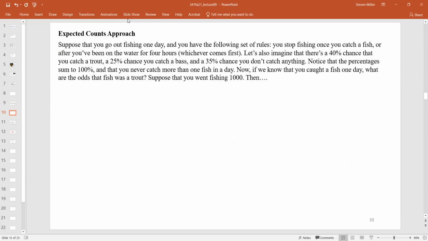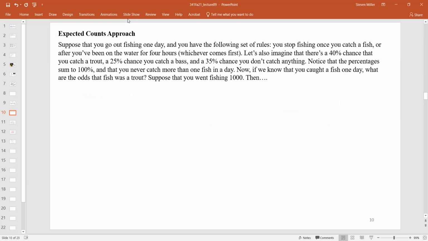Okay. One way to try to gain intuition about questions like this is to just roll up your sleeves and do some calculations. One of the things I like is the expected counts approach. So here's the problem. Suppose you go out fishing one day, and you have the following set of rules. You stop fishing once you catch a fish, or after you've been on the water for 4 hours, whichever comes first. So I'm going to keep fishing until I get a fish. And if I don't have a fish after 4 hours, I go home.